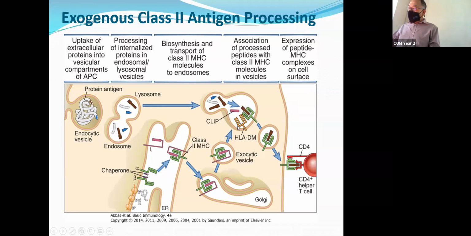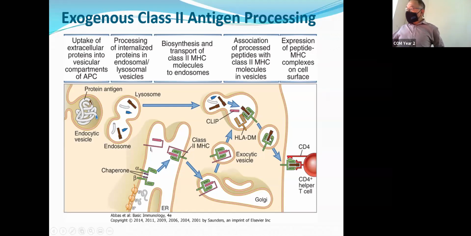Here, another protein called HLA-DM, which is not a classical surface molecule like class 2 MHC, but is actually an enzyme, cuts off this bubble wrap and selects an appropriate antigenic peptide to load so it fits within the peptide binding groove.